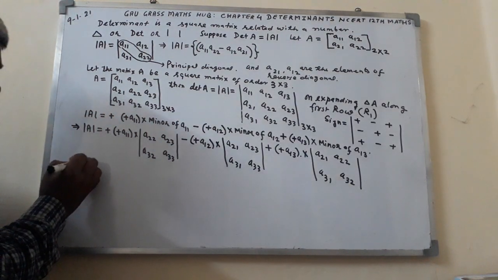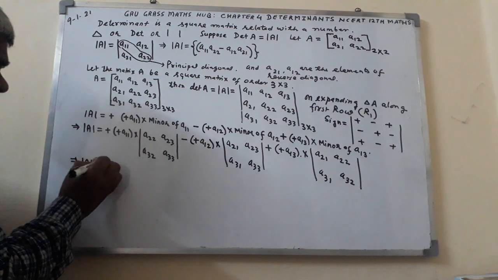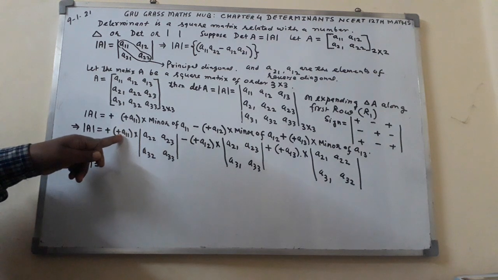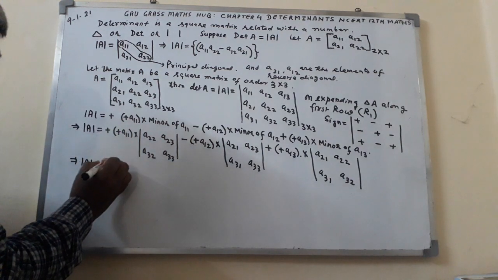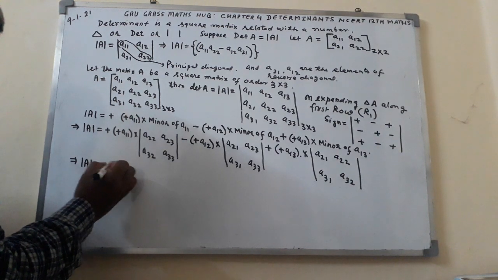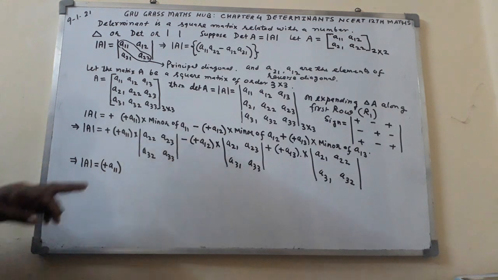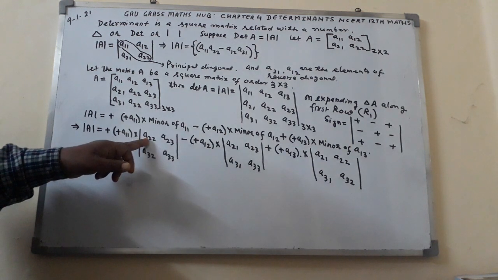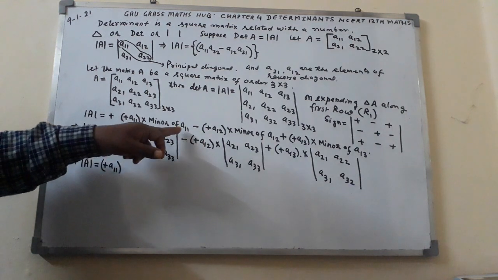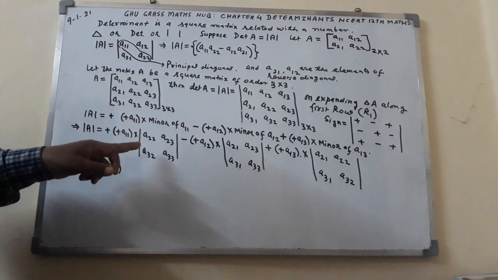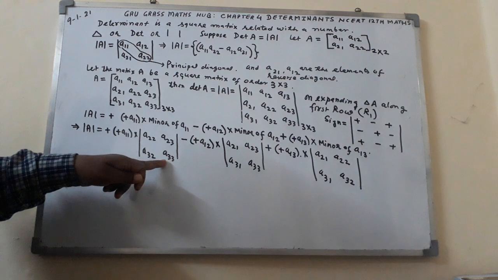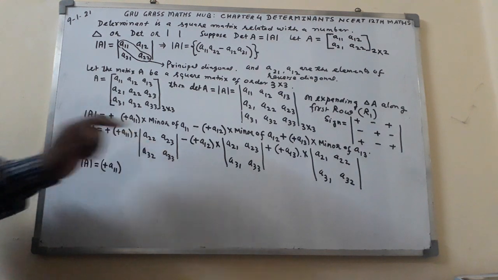Again I shall write implied that det A is equal to, here plus and plus will multiply together, we will get here only plus, the plus A11 will be written in bracket, and here you can see this is minor of A11, since A22 and A33 are elements of principal diagonal.